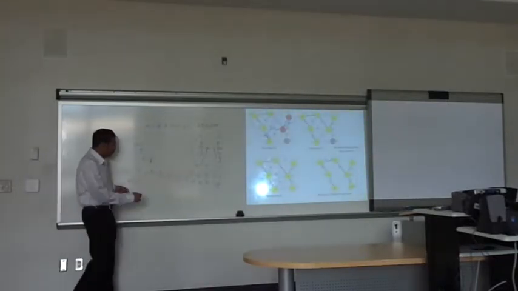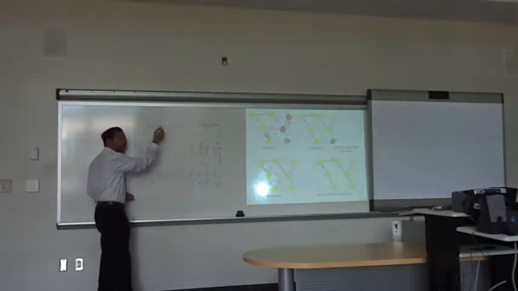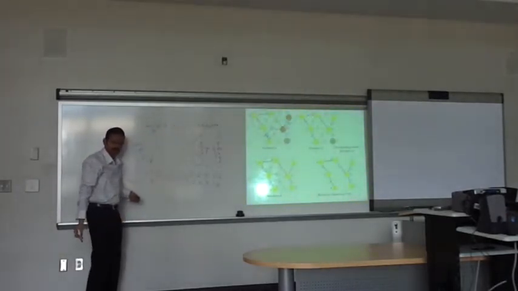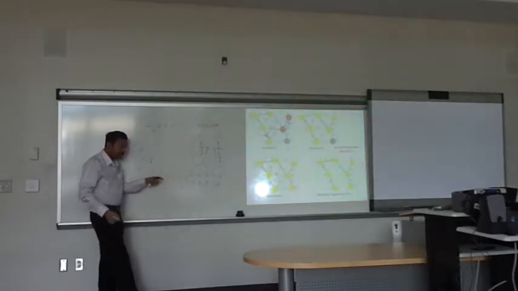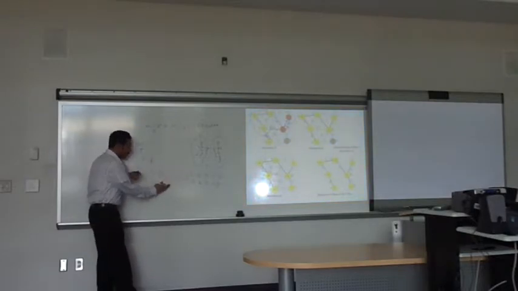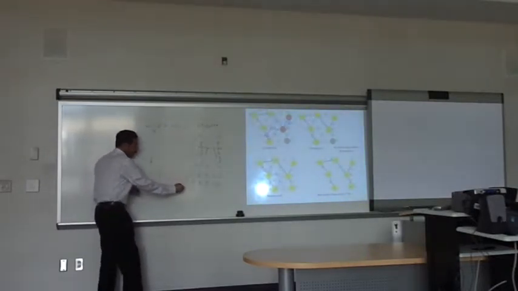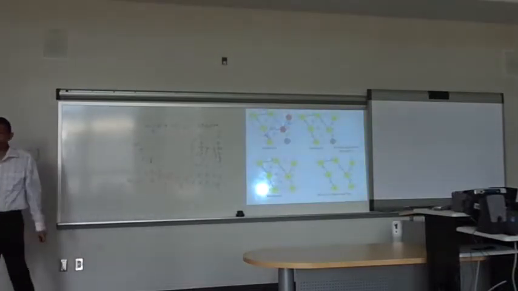Why? Because if the previous tree, say, had weight 10, and we know this is going to be less than or equal to this, let's say some numbers, this is say 5 and this is say 7 or 9 or whatever, right? So by removing this edge of weight 7 and then adding this edge of weight 5, we are going to only reduce the tree weight if possible.